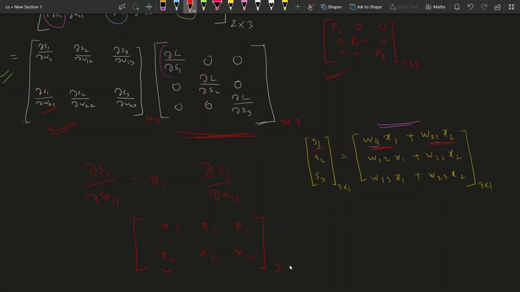Now, this is my 2 by 3 matrix, and I can write this in terms of my input vector, which is X vector. Let me write it in different color. So my input vector will be x1, x2. This is 2 cross 1. And if I want to expand that in 2 by 3 shape, I will simply multiply that with a vector of 1s.